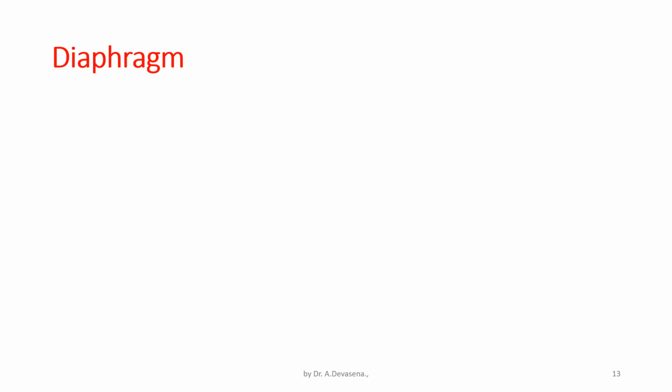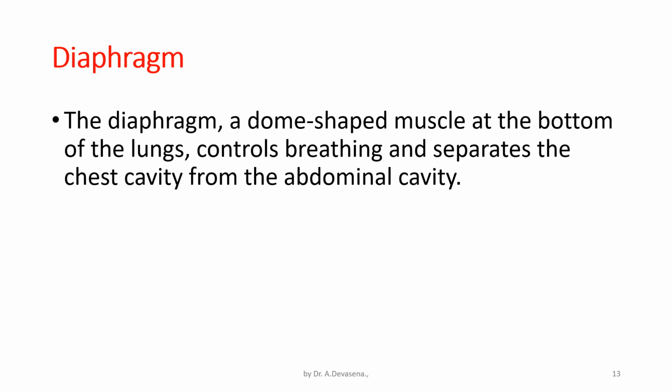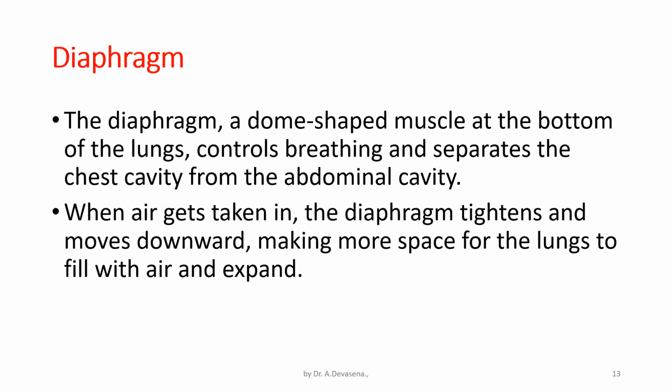See the function of the diaphragm. The diaphragm, a dome-shaped muscle at the bottom of the lungs, controls breathing and separates the chest cavity from the abdominal cavity. When the air gets taken in, the diaphragm tightens and moves downward, making more space for the lungs to fill with air and expand.